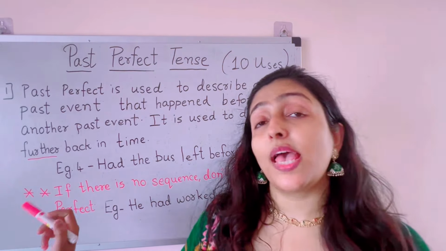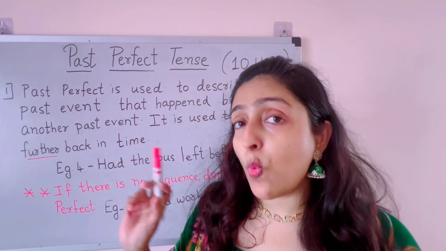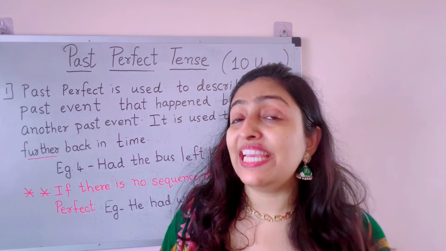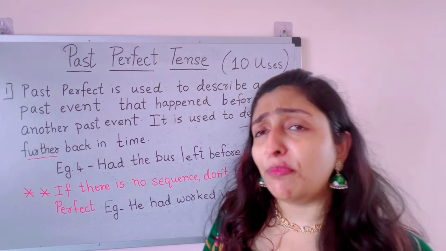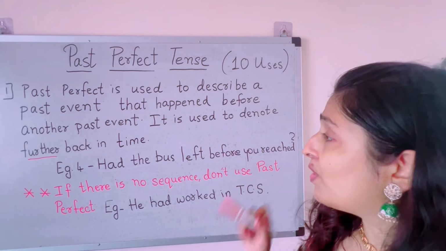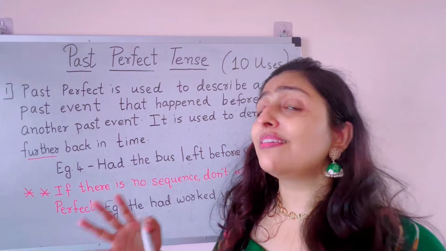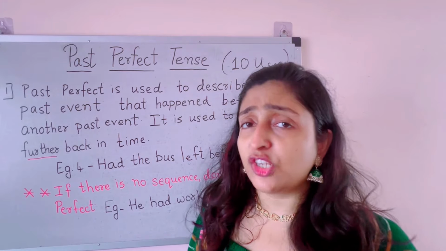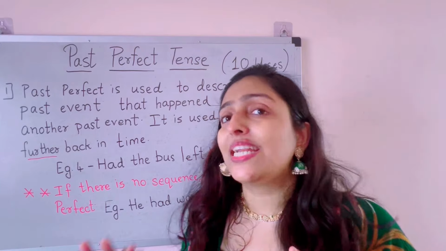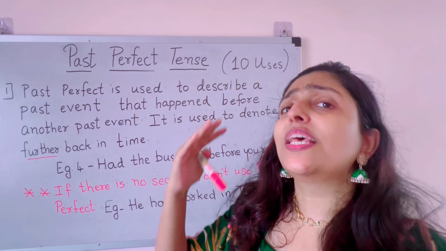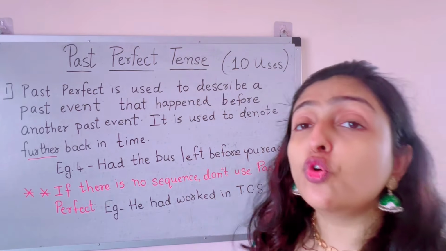This is example 4 of rule number 1 and it is written in an interrogative sentence. Had the bus left before you reached? Again in this sentence, even though it is a question, two events are taking place: the bus leaving and you reaching.